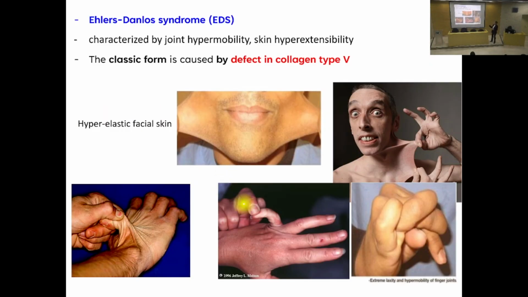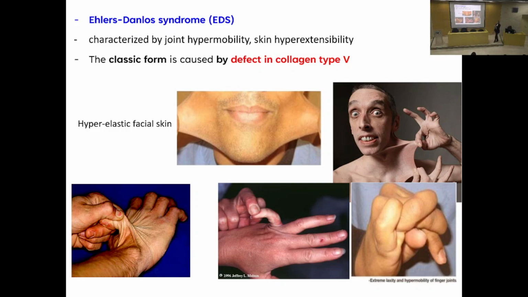The first one is EDS, Ehlers-Danlos syndrome. In EDS, look how elastic the skin is. Normally you cannot pull your skin like this, because collagen withstands this pressure. However, this person has a deficiency in collagen type 5, and this gives him this kind of elasticity in the skin.